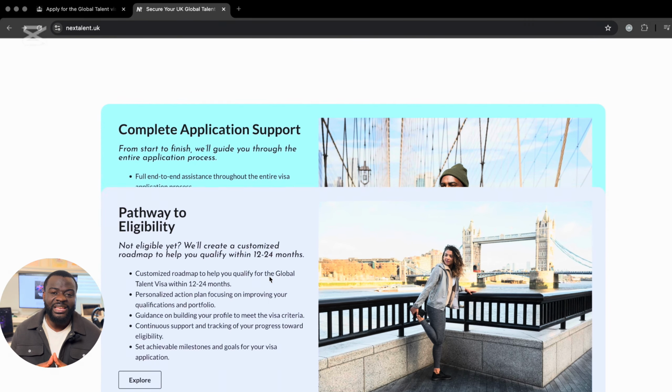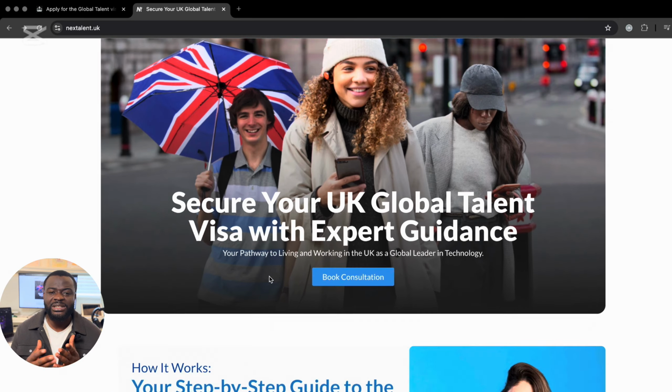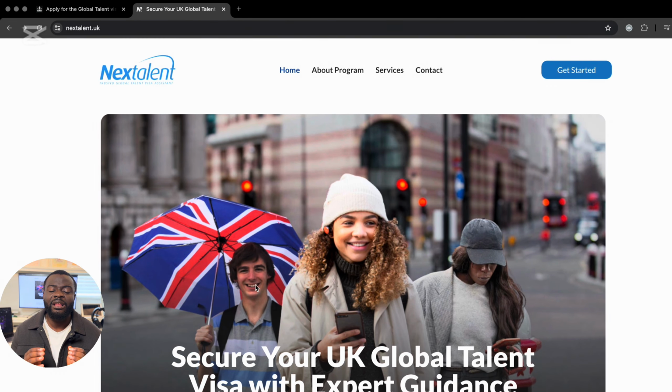If you meet the necessary criteria, with the help of Next Talent, you can get a lot of tips on how to go about your Global Talent Visa application. And if you submit the right documentation, you can get yourself the endorsement. Once endorsed, you can apply for the visa, and of course, you can move to the UK and join me and others in exploring the digital technology industry here in the UK.